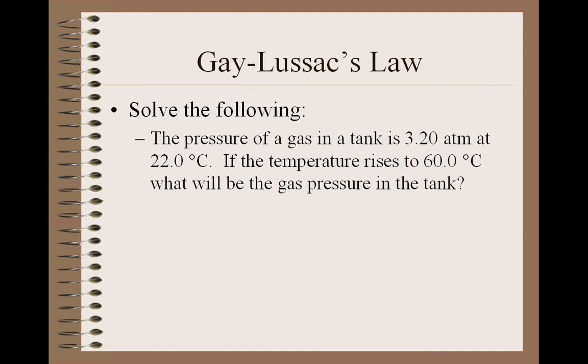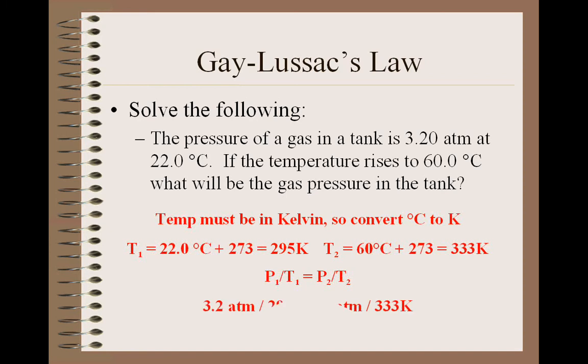So the pressure of a gas in a tank is 3.2 atmospheres at 22 degrees Celsius. If that temperature rises to 60 degrees Celsius, what will be the pressure in the tank? Remember, we must first convert to Kelvin. So 22 degrees plus 273 tells us that our T1 is 295 Kelvin.